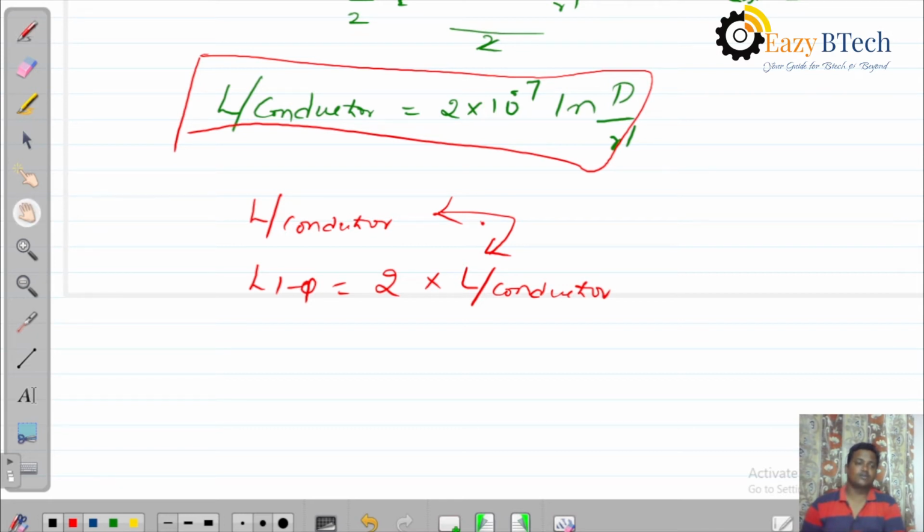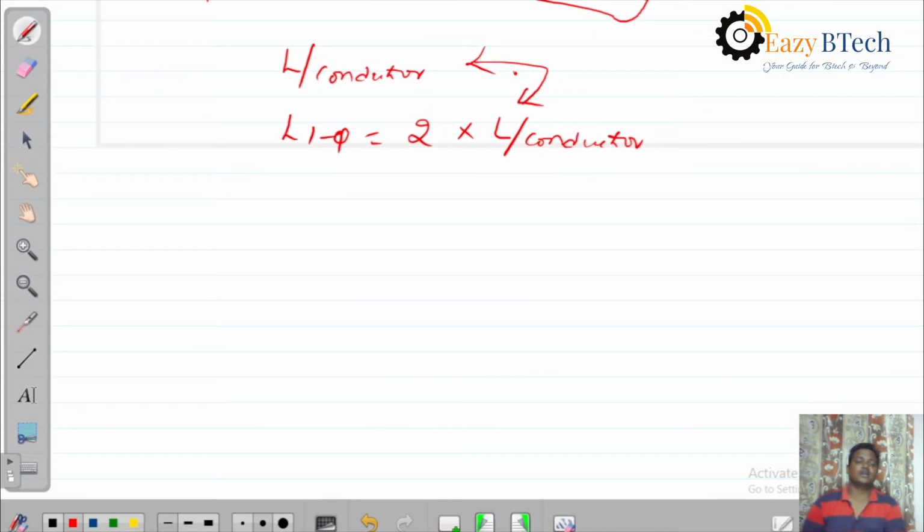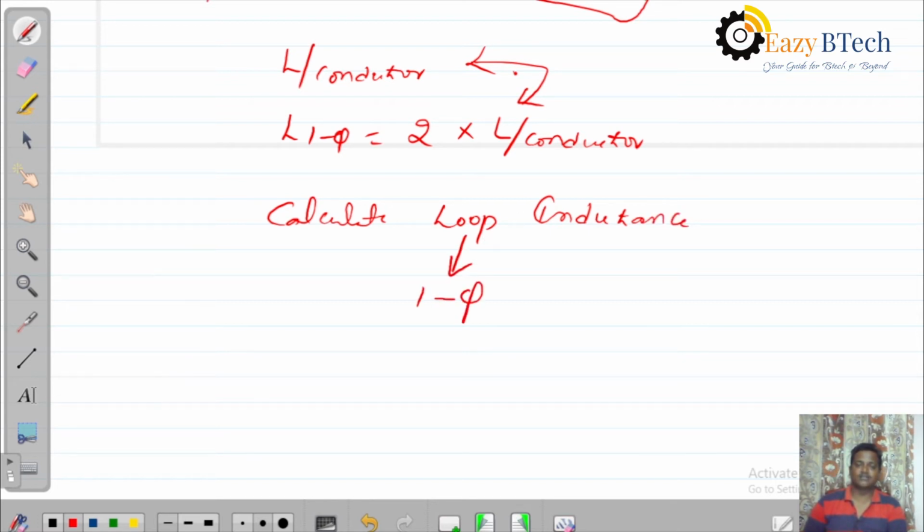Here one term we have to know. In examinations, in problems, they are asking calculate loop inductance. What is loop inductance? Loop inductance is nothing but single phase. Keep in mind we need to calculate single phase inductance.